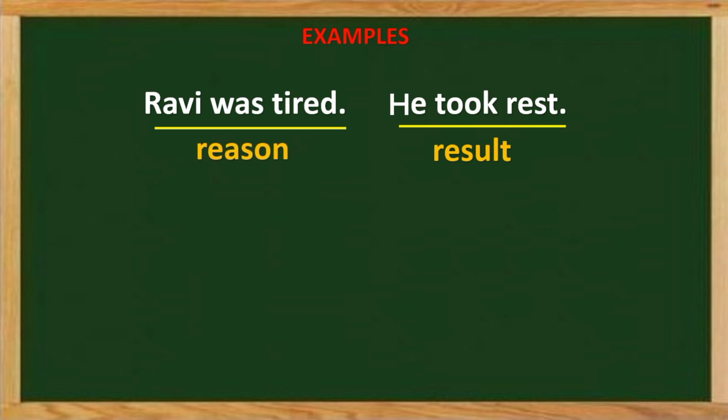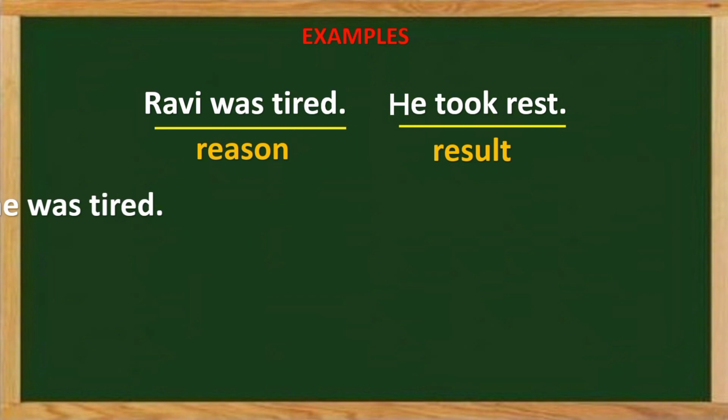Already I told you we use these three words before the reason. So if we want to use them in the middle of the sentences, we write the result first, then we write as, since and because in between, and then the reason follows.